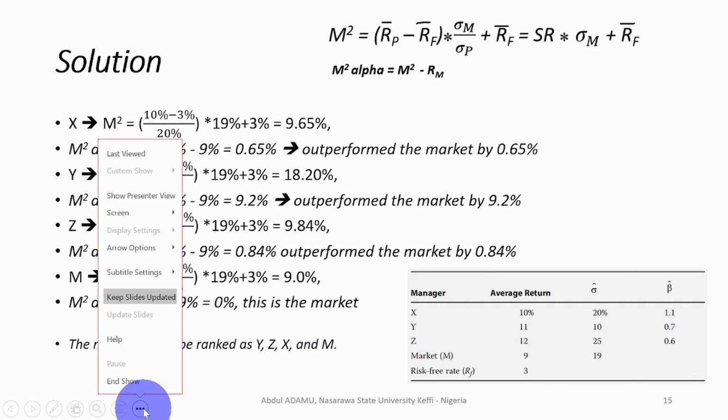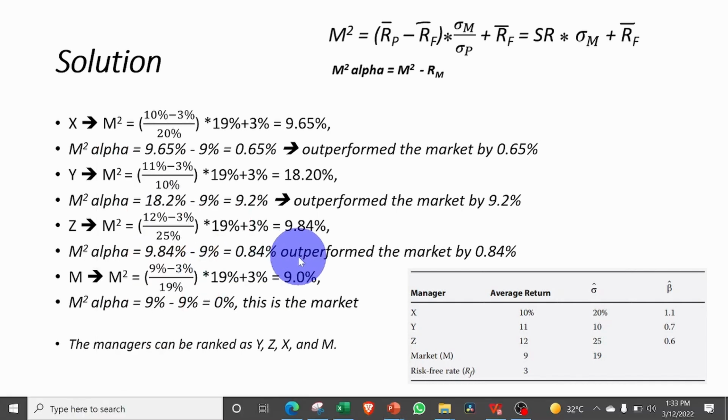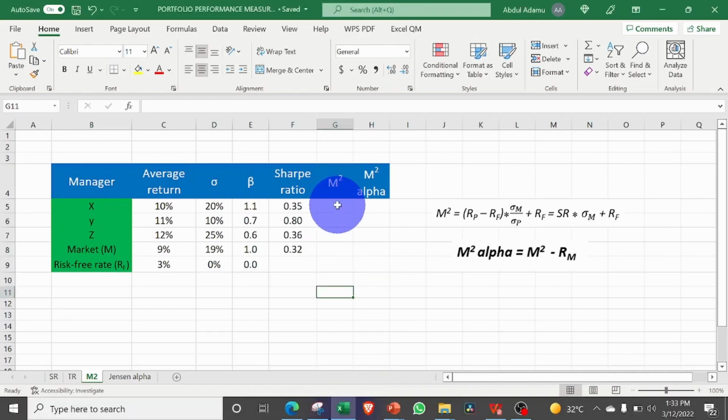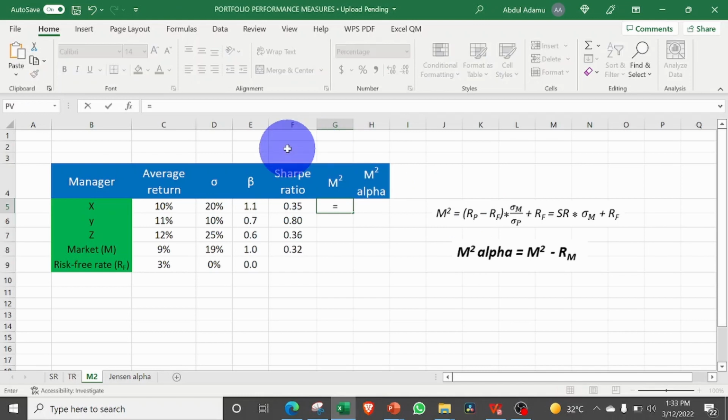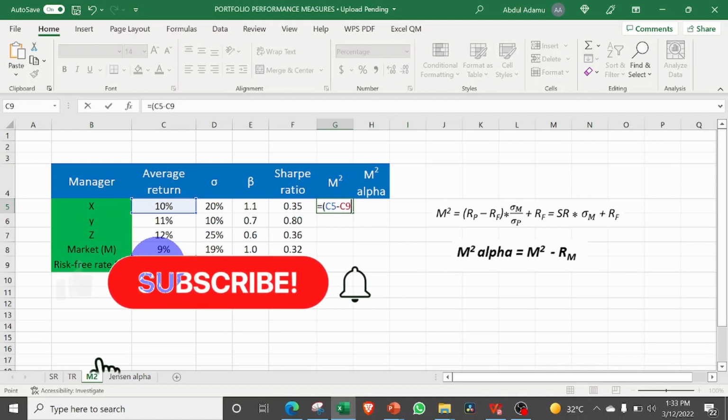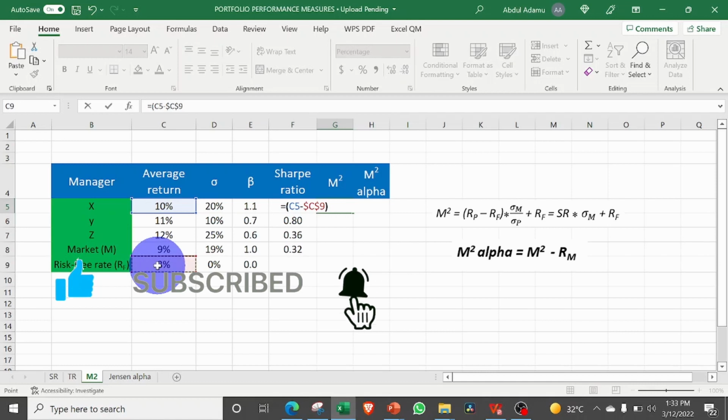If we go to our Excel, we can do this computation easily. In our Excel, our MSquare will be equals to bracket open R, this minus the risk-free rate, which is this. We are going to lock it with F4, close.